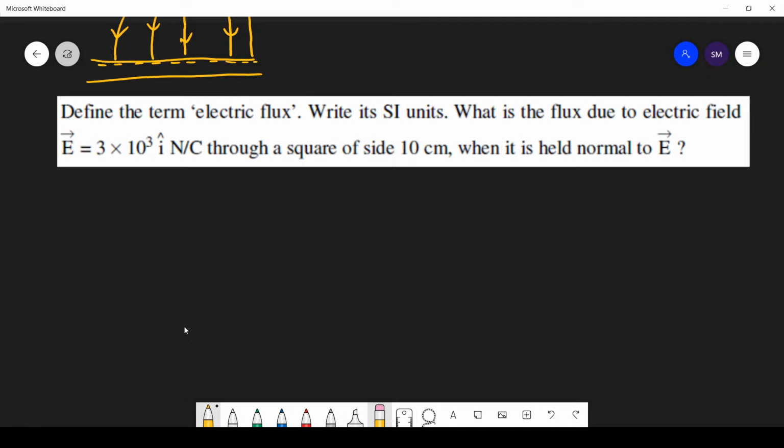So students, what is the definition of electric flux?